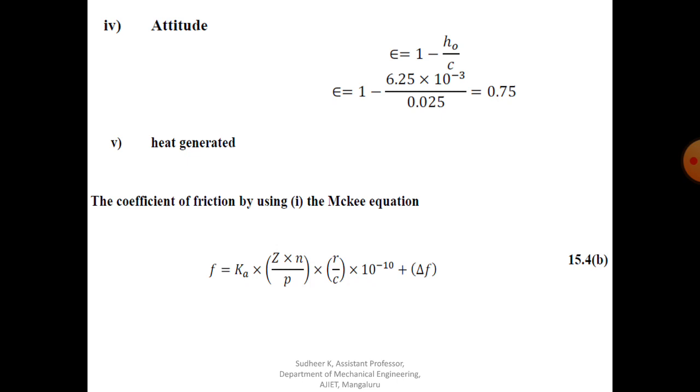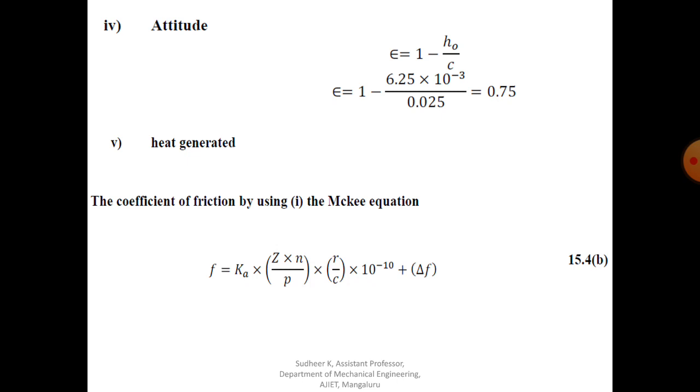You can see the value of Ka below this equation, 15.4b, on page number 353, for different types of beta value. Full journal bearing means beta value is 360 degree, and delta f is a small change in friction, given as 0.002 when the bearing has an L by D ratio between 0.75 and 2.8.